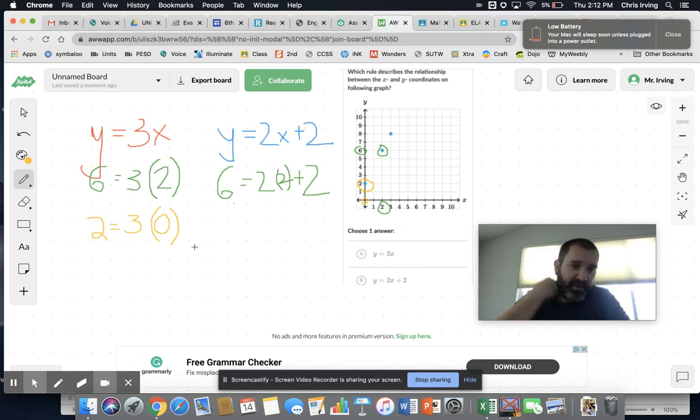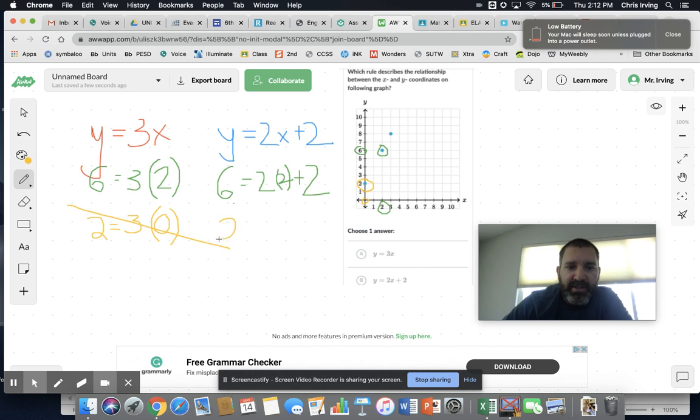And I have found a flaw. You can see that that equation is not true. It says that 2 is the same as 3 times 0. That is not true. Okay, so that leads me to believe that it's the second equation that actually is the answer. Let's see if the second equation holds true.